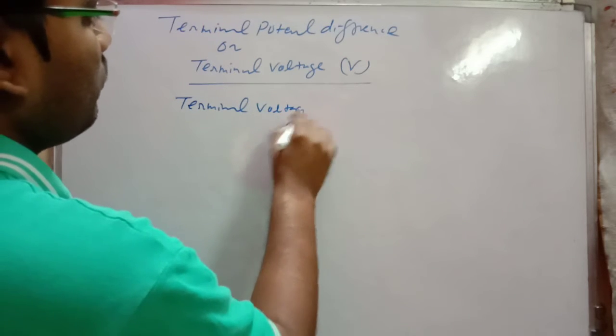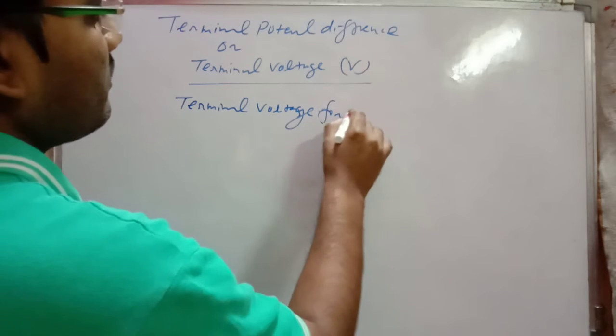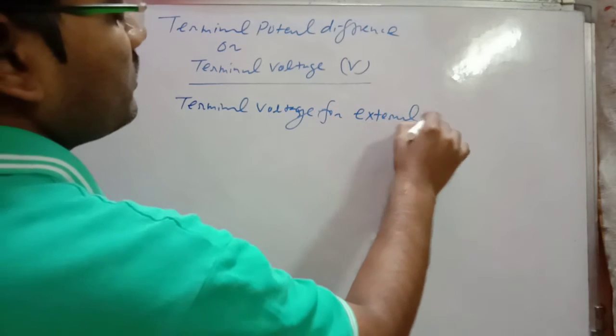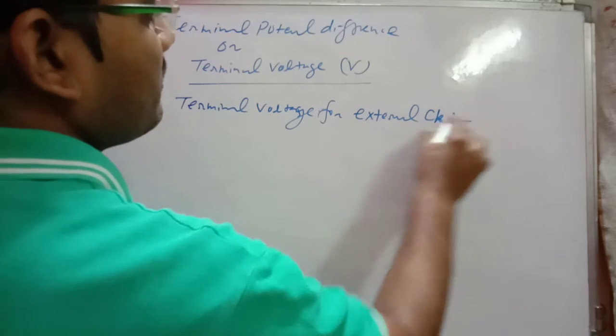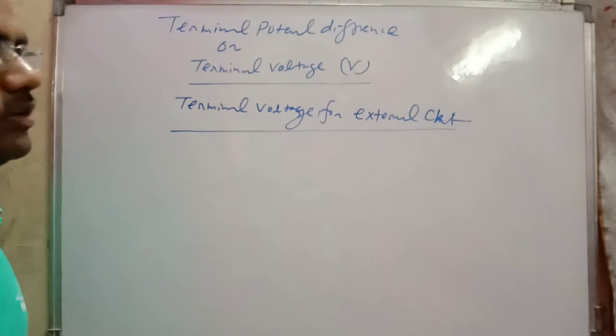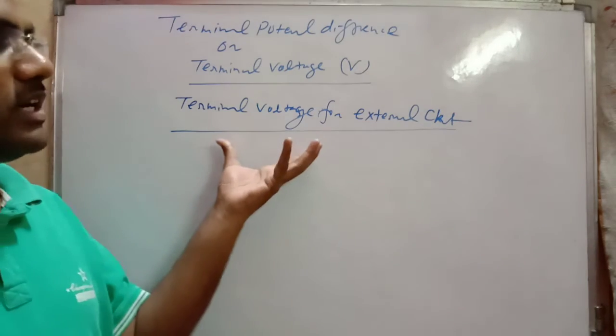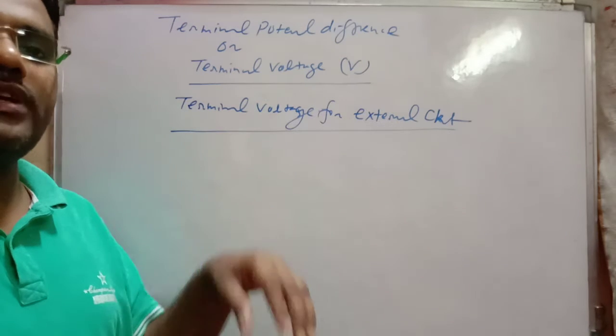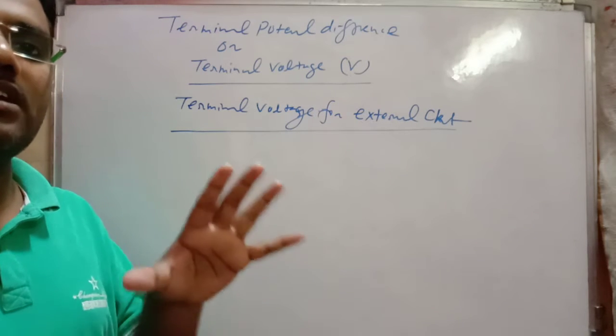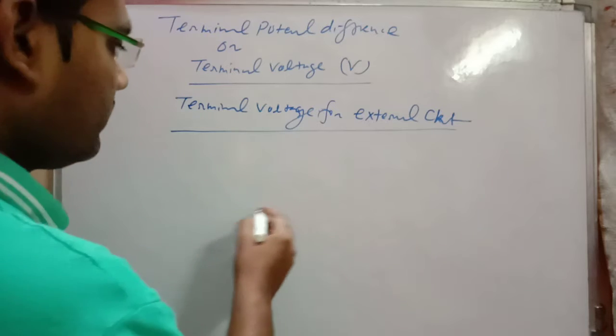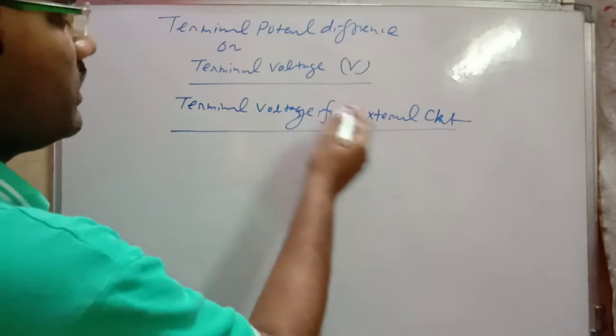That means terminal voltage is also defined as the amount of work done by the cell in moving a unit charge in the external circuit. Terminal voltage is denoted by V.